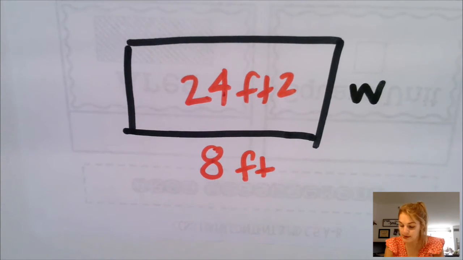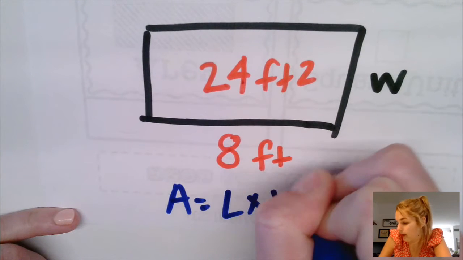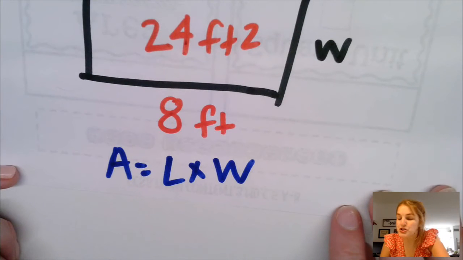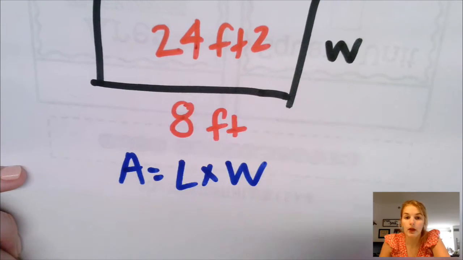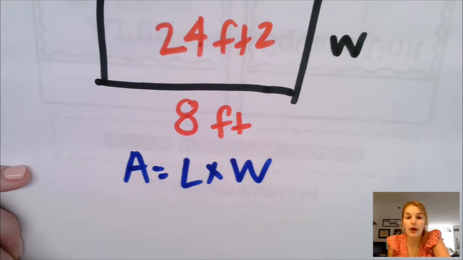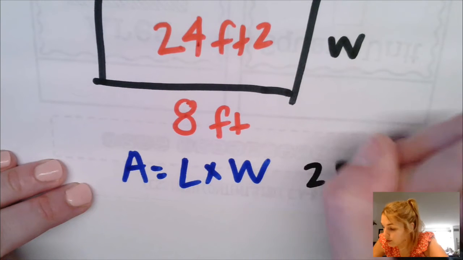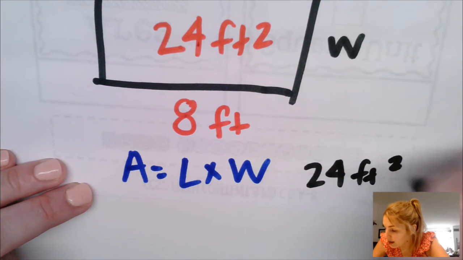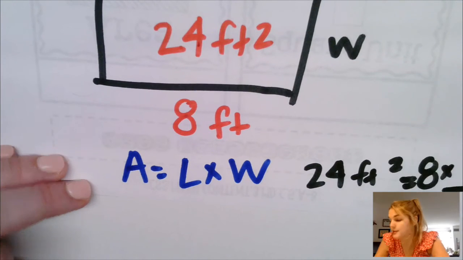So how we do that is if we say the area is length times width, well, let's see what parts we do know. We know that the total is 24, and we know that 8 is the length. So one way you can set that up is you could say, okay, area 24 feet squared is equal to 8 times what?